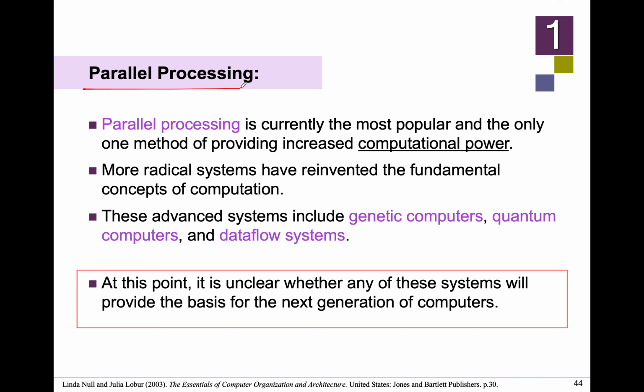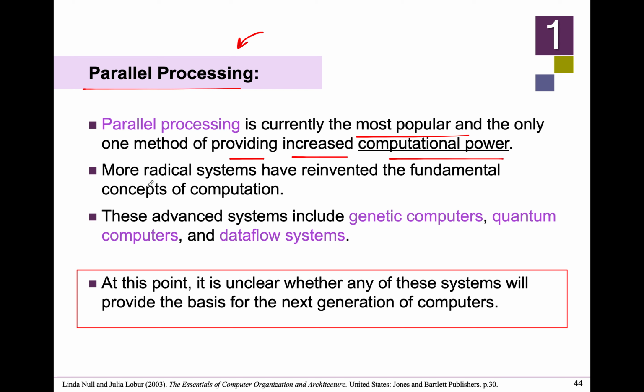Okay, now you can see over here under parallel processing. Parallel processing is currently the most popular and the only method of providing increased computational power. Maybe next year there is another method, who knows?